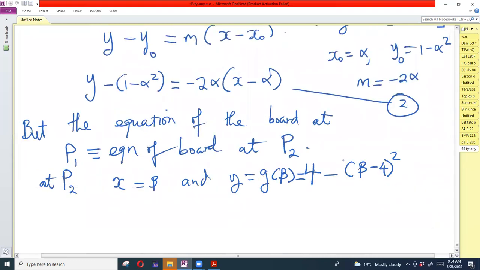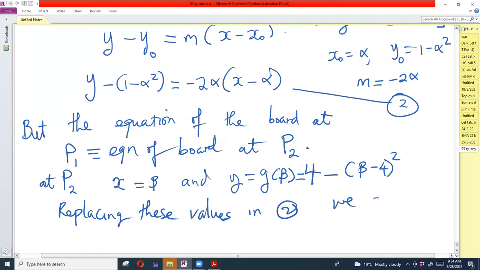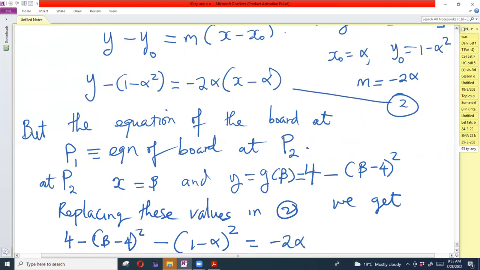So then replacing this in 2, we get 4 minus beta minus 4 squared minus, so this one is 1 minus alpha squared, equals minus 2 alpha.